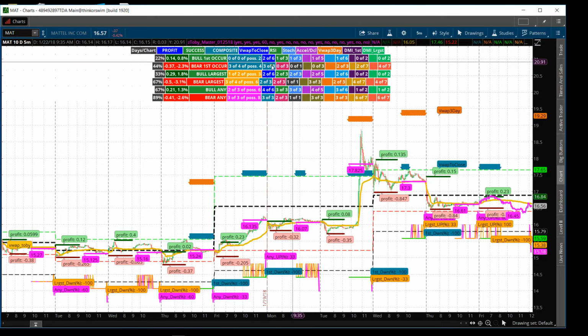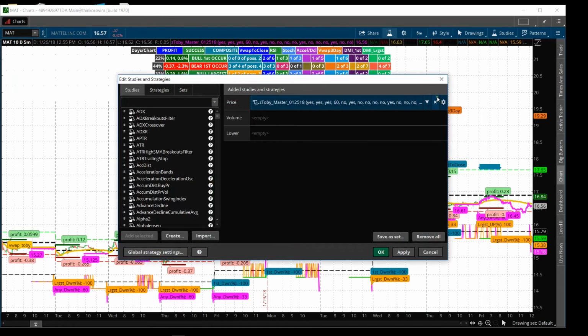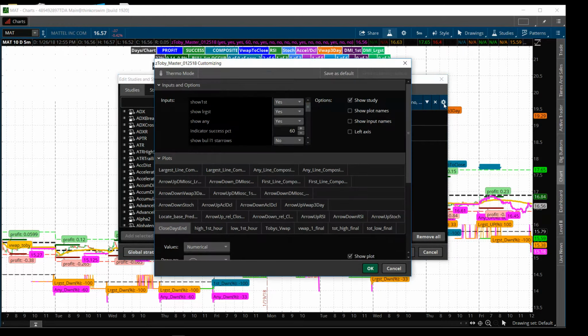I also wanted to show you how you get the statistics here. So I want to make it so that we're not hiding anything, we're showing everything, and I'll show you the statistics. Click on the setting wheel, and we're just going to show the bulls again. We'll show the bull largest again, and now we're down into the bear largest arrows.